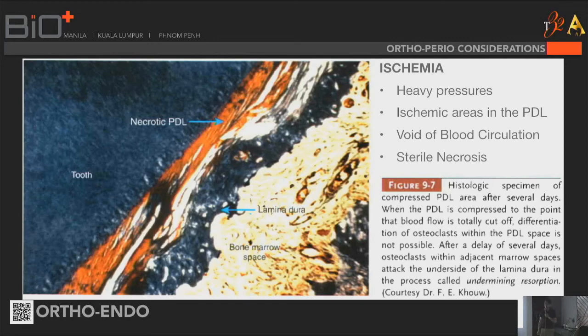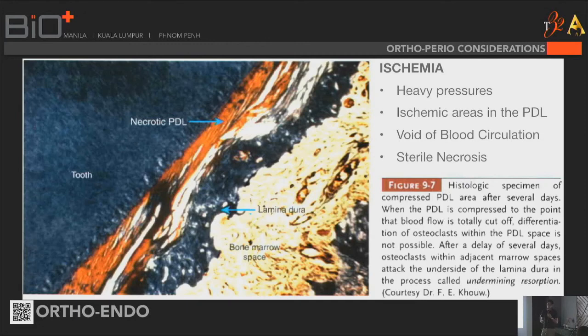Now, sterile necrosis is something that can really happen. This usually happens over a period of maybe about 20-30 years after ortho that had high forces. I had a professor in my undergrad. She's ortho as well. I'm not going to say the name. Her teeth are a perfect set.